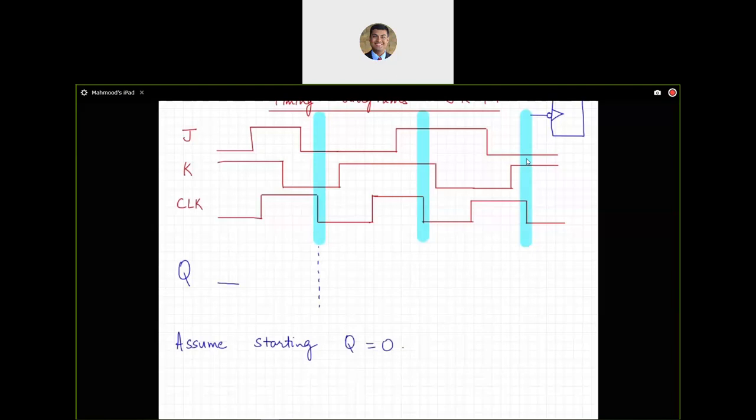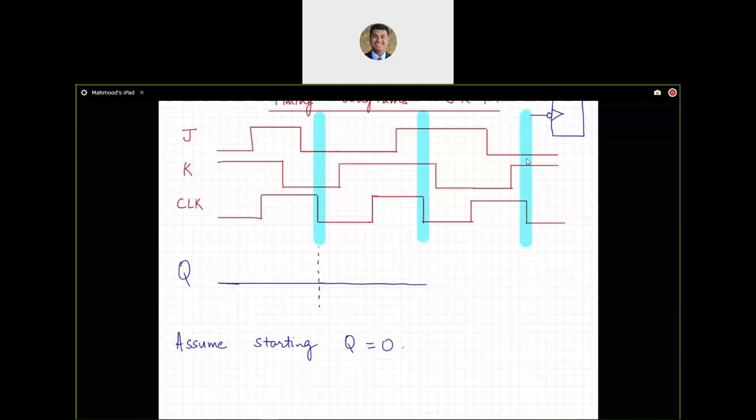Until we go to the first negative edge, it is going to remain 0. And the moment we reach that time, soon after that, with just a little bit of delay, we are right now in the store state or the memory state. The reason being, when the clock goes from high to low, the negative edge, J and K are both 0. So we are in memory. If we are in memory for all this time, we are going to stay at 0. So we start at 0 and we store 0. We stay at 0 until the next negative edge.